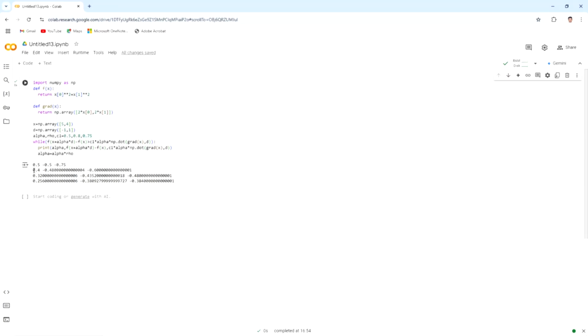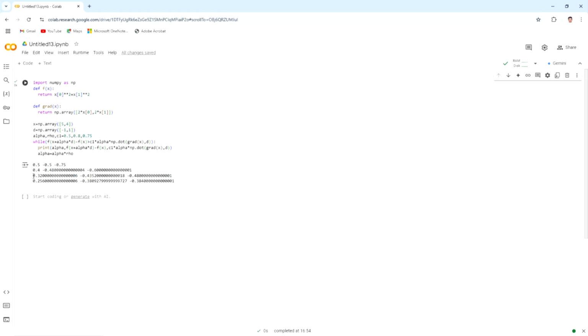So, you get 0.5 into 0.8, which is 0.4. Here f of x plus alpha d minus f of x turns out to be minus 0.48 and this is minus 0.6. Again Armijo's condition is not satisfied.